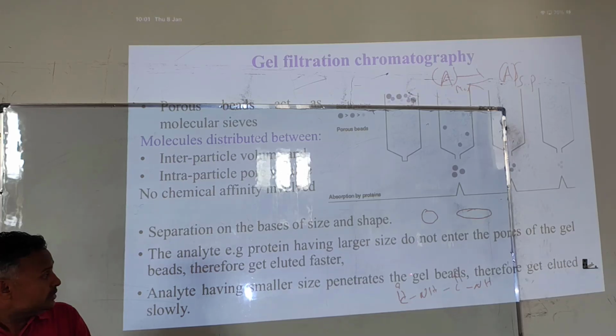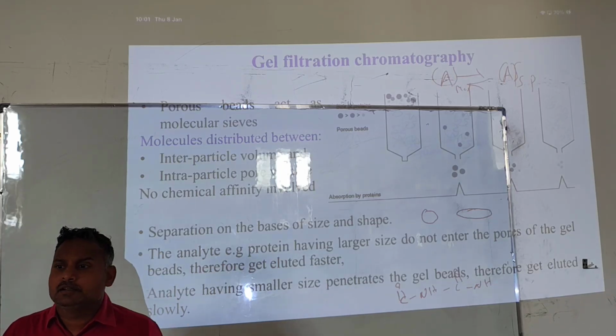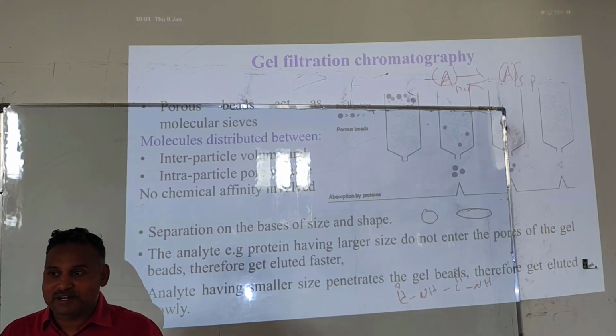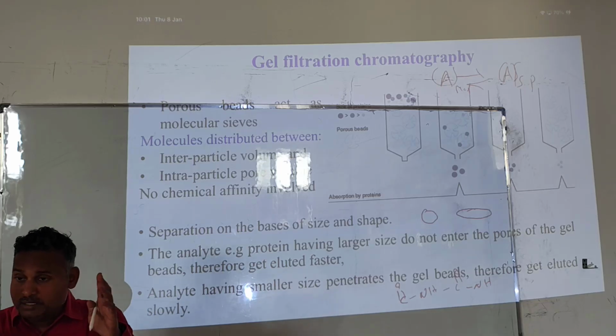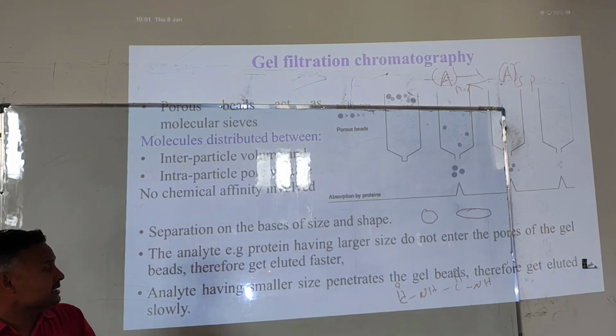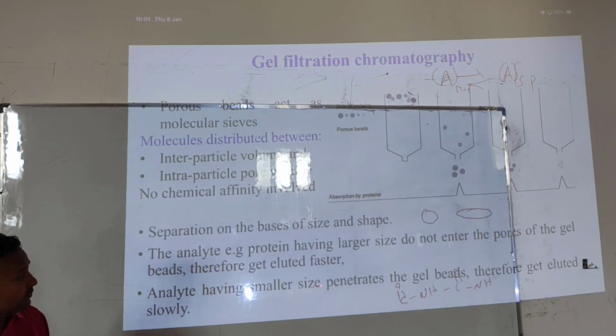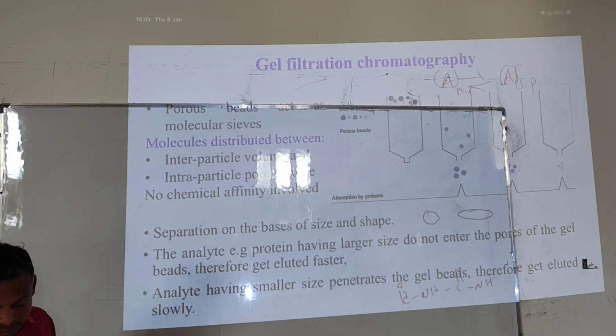This is called a peptide bond. Polypeptide is nothing but protein. I think those who came from a biology background may have more idea about this. It is a big size molecule, the protein. So that's why they do not enter the pores of the gel and therefore get eluted faster. Molecules having small size penetrate the gel beads, therefore get eluted slowly. Right? You already have an idea about that point.